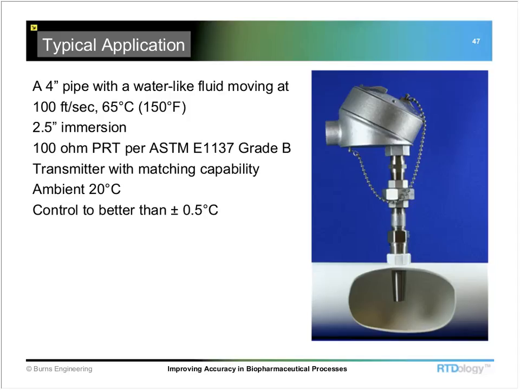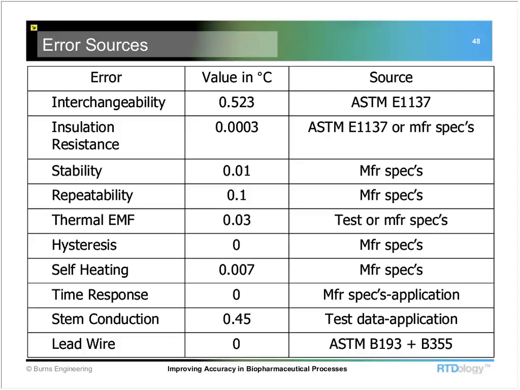It's a grade B sensor and a transmitter, and the objective was to control to something better than 0.5 degrees C. If we look at taking these parts just off the shelf, plug them in there, we've got our interchangeability at the temperature of 121 degrees C, which is already over half a degree C, just picking that class B sensor.